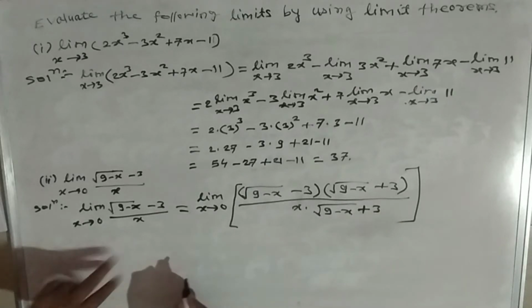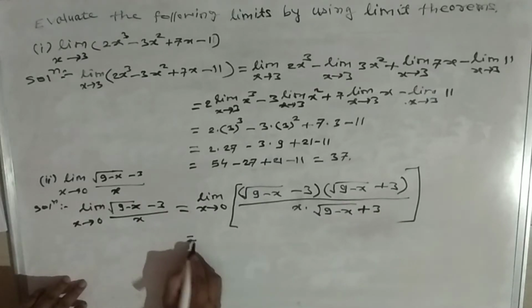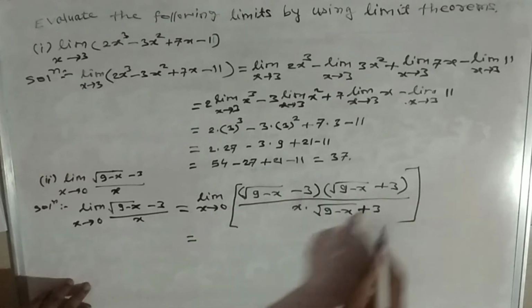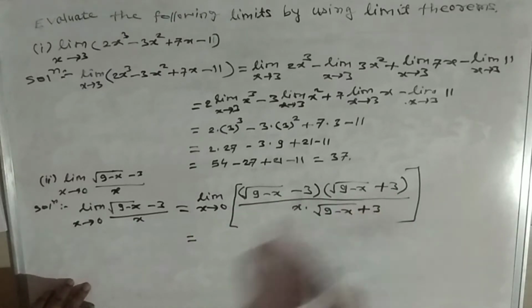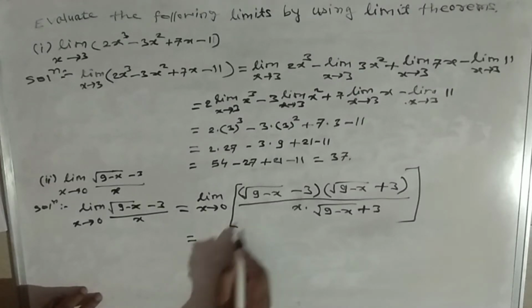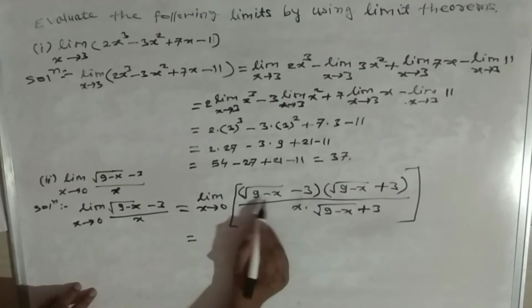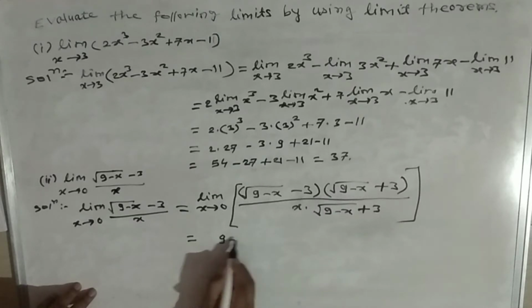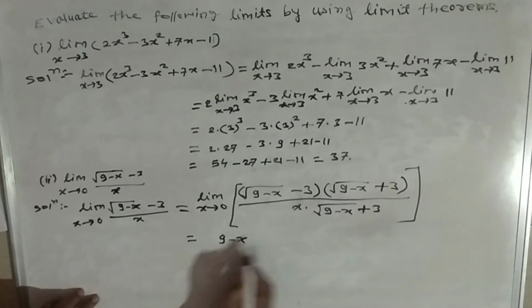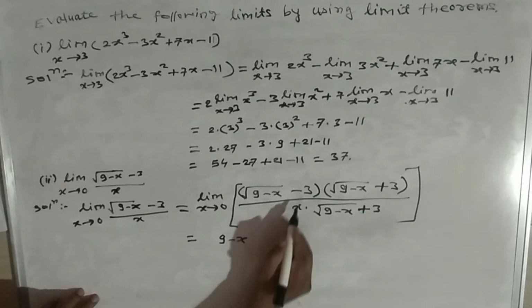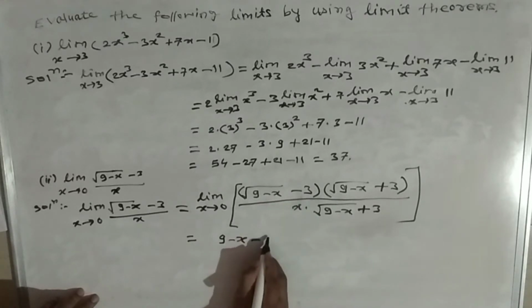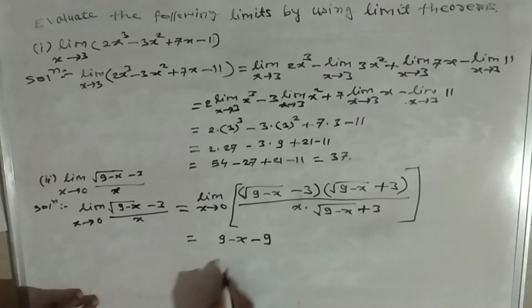So what do you get? This is in the form of a minus b, a plus b. So a square minus b square. A square is root 9 minus x into root 9 minus x, which is 9 minus x, and minus b square is 3 square, that is 9.